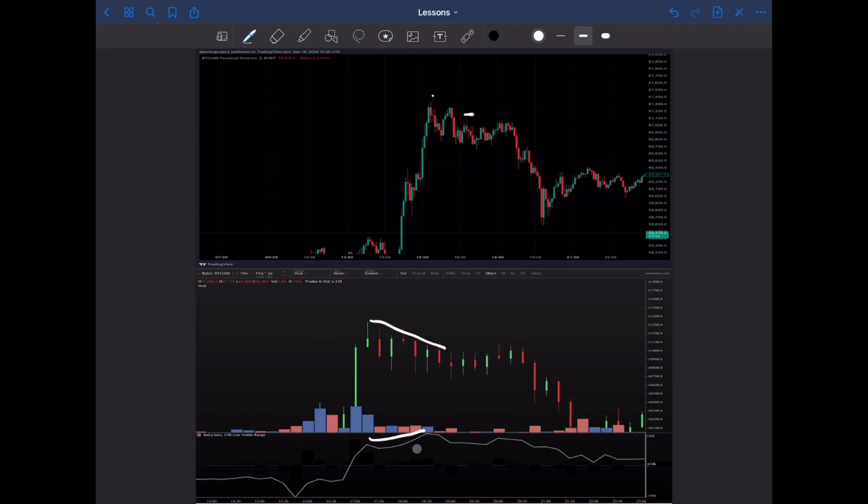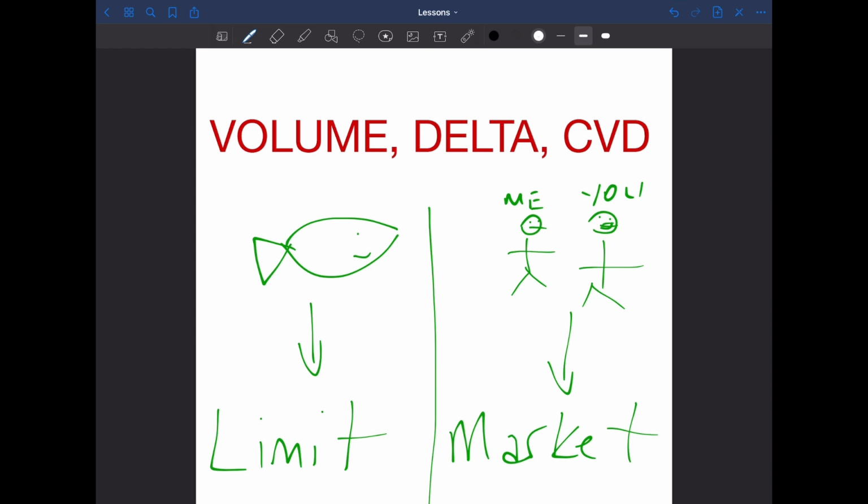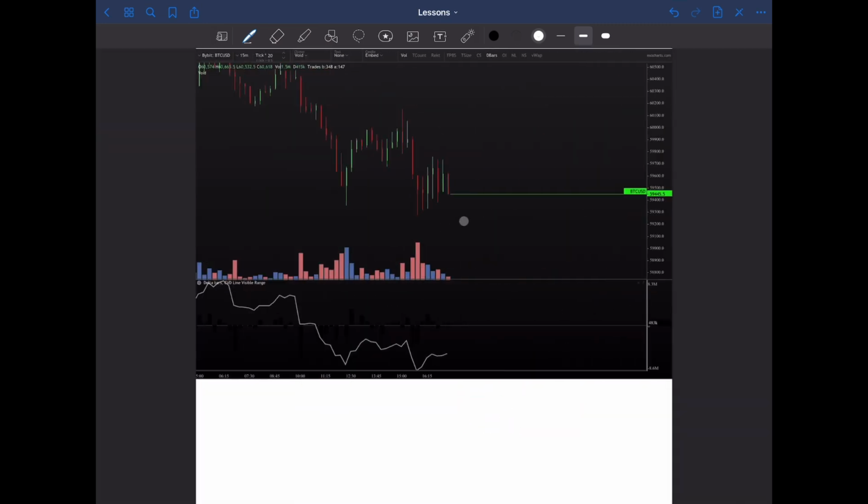Because if someone wasn't holding the price down, the market orders would push the price up. They're not being pushed up because the limit orders are pushing the price down, which basically means the big players and the whales are shorting the market at that time.